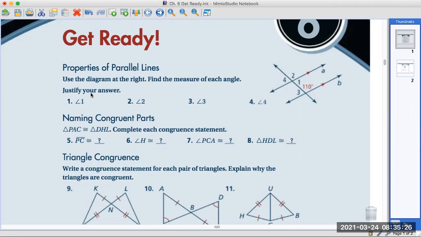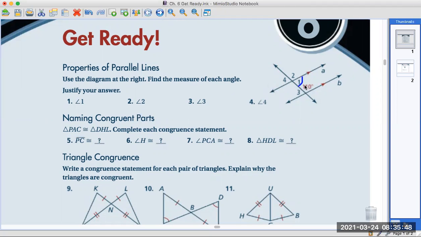Justify your answer. So for number one, angle number one, called corresponding angles. They're on the same side of the transversal and their sum is 180 degrees.